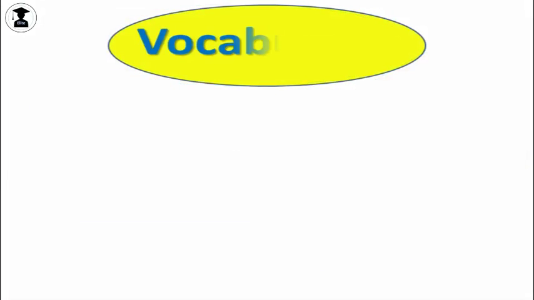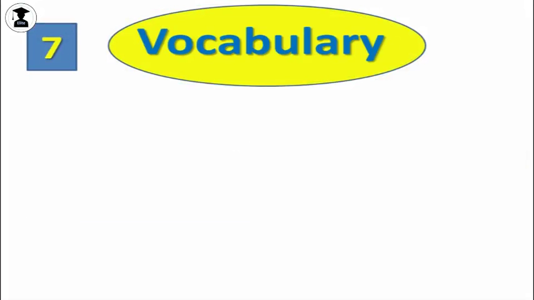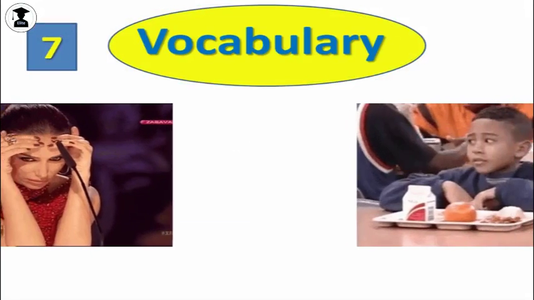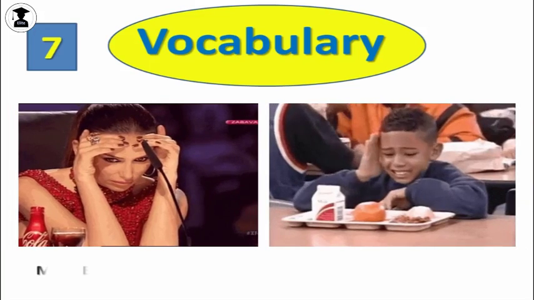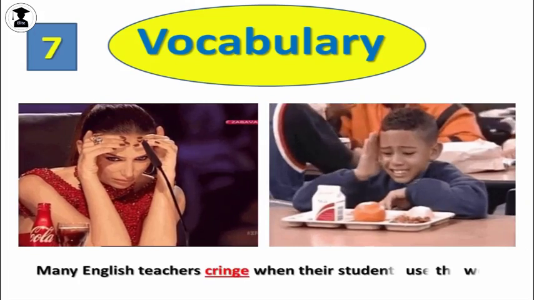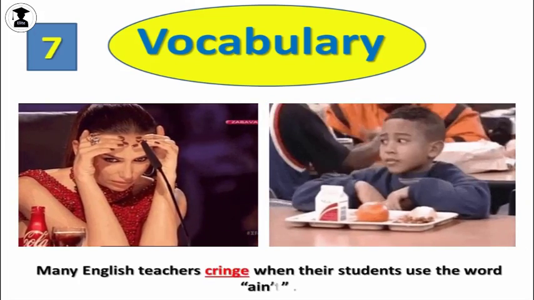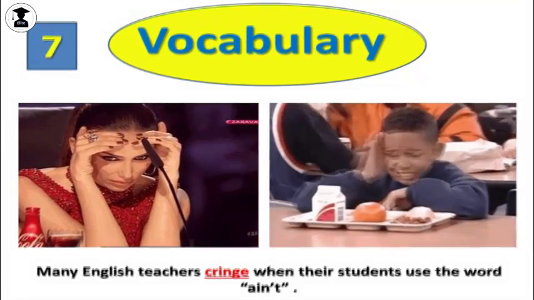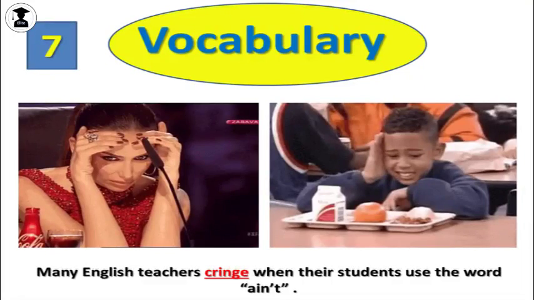Today's seventh word is cringe. Cringe. Look at the photos and try to guess the meaning. Our sentence says, many English teachers cringe when their students use the word ain't.